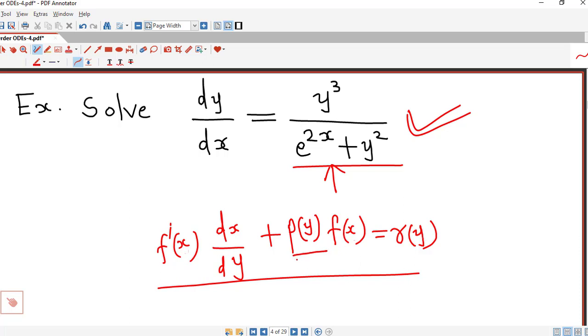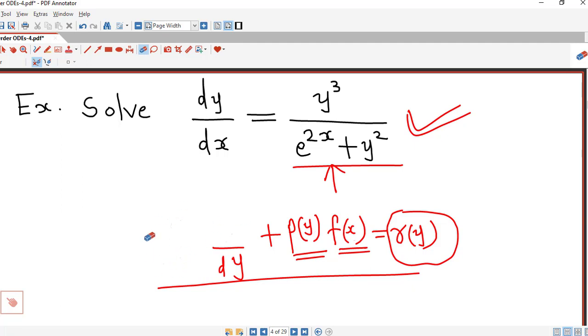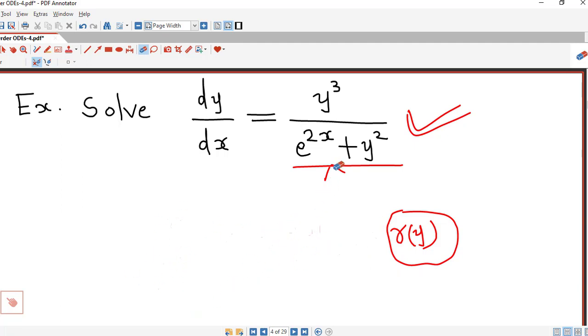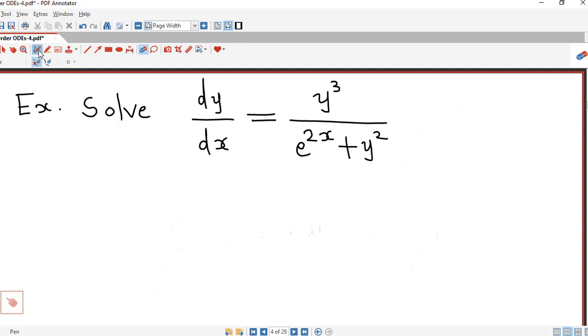So with p(y) I have a function of x, and with dx by dy I will check whether I can adjust f dash x or not. And on the right hand side we must have a function of y only. So now we try to express this differential equation in this type of equation, and let us see whether we are able to write this equation in that form.